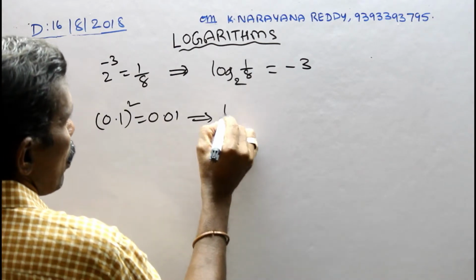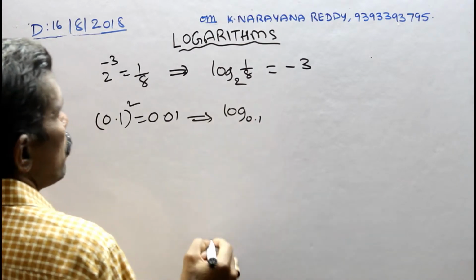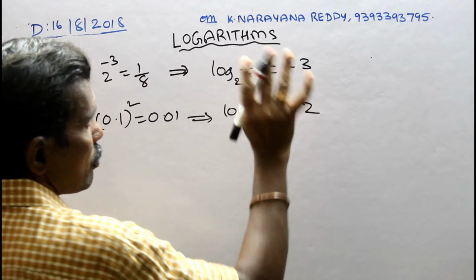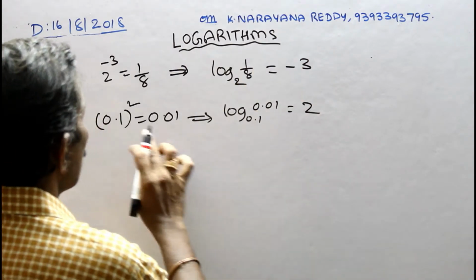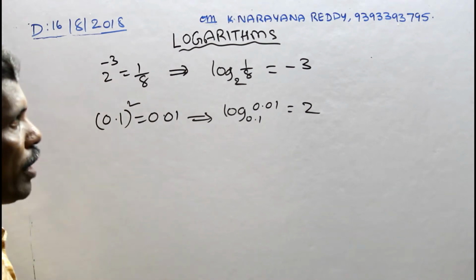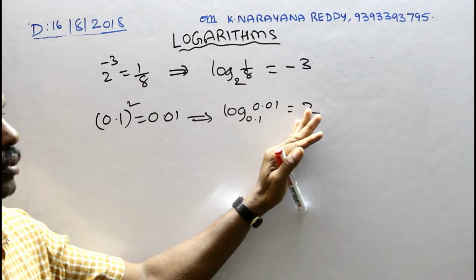This implies log, what is the base? 0.1. What is the value? 0.01. What is the exponent? Square, 2. In this way you can write in logarithm form.